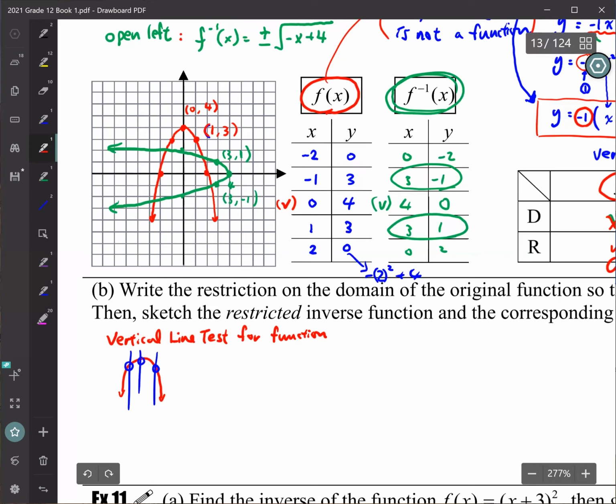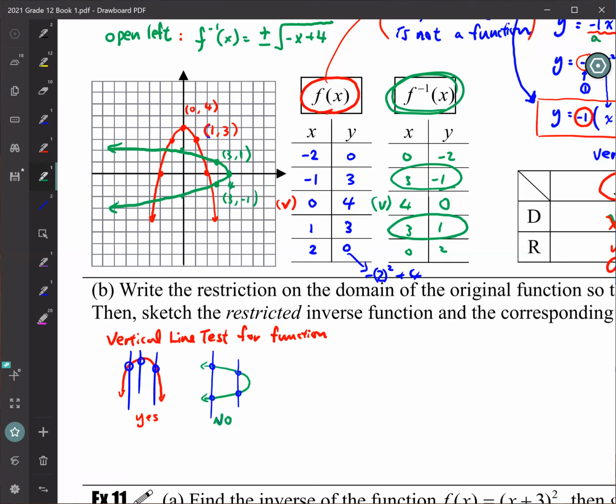So this one will be yes, a function. Yes means it's a function. Now for the green one, the one that's opening to the left, if I draw a vertical line anywhere and it crosses more than once, two intersections, then you'll say no. No means it's not a function.